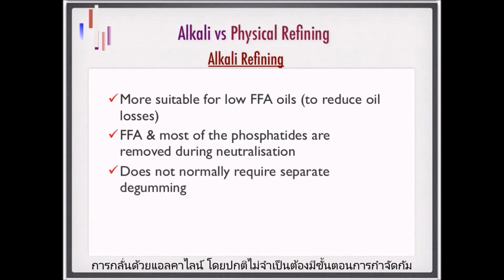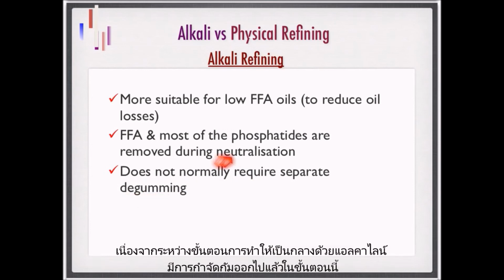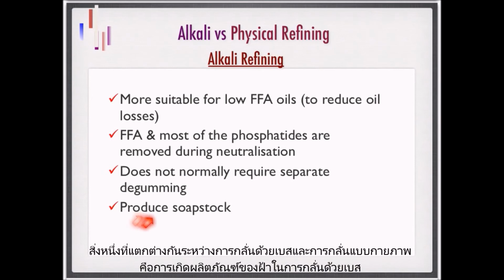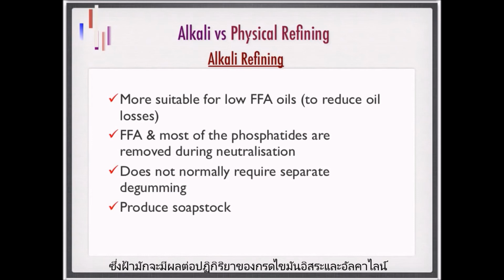Alkali refining does not normally require a separate degumming step, because during the alkali neutralization step, a significant amount of gums has been removed at this stage. One of the major differences between alkali refining and physical refining is the production of soap stock in the alkali refining process. The soap stock results from the reaction of the free fatty acid and the alkali, and this is usually removed by centrifugation.